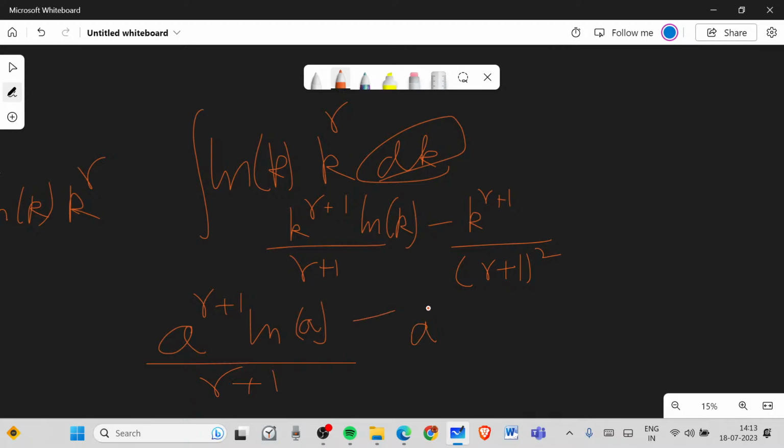Minus a to the power r plus 1 by r plus 1 whole square. Now minus putting 1 here vanishes, putting 1 here, again we are getting the same thing. Minus plus, it's 1 by r plus 1 whole square.